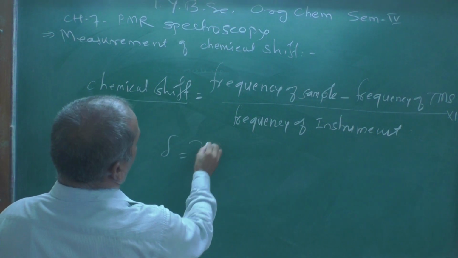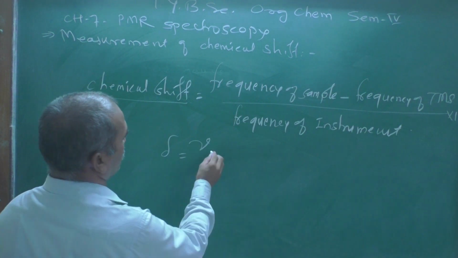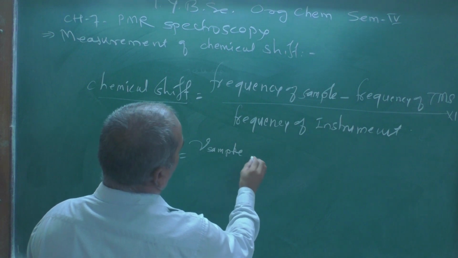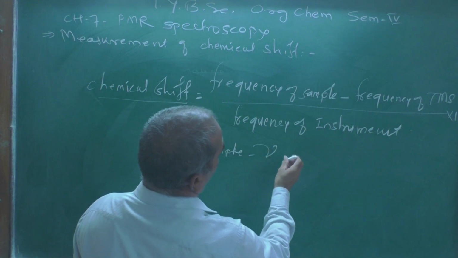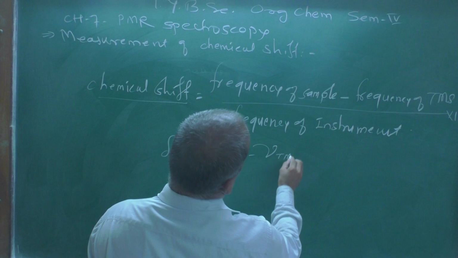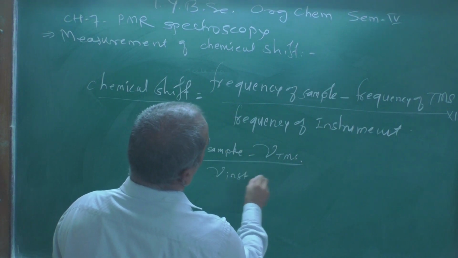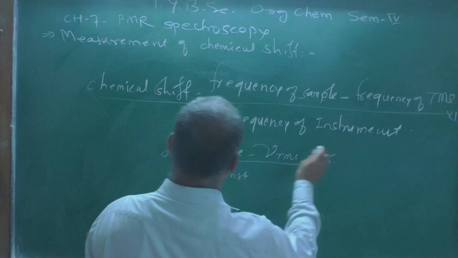That is the mathematical expression. Chemical shift, generally represented by the symbol delta, is equal to frequency of sample minus frequency of TMS, divided by frequency of instrument, into 10 raised to 6.